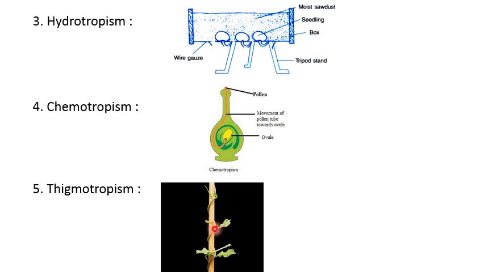So when it comes in contact with some solid structures or some support, it twines around it and it starts growing. There is less growth on the side where it comes in contact with the support, and the side which is away from it will have more growth. So because of this, there is coiling in these plants.